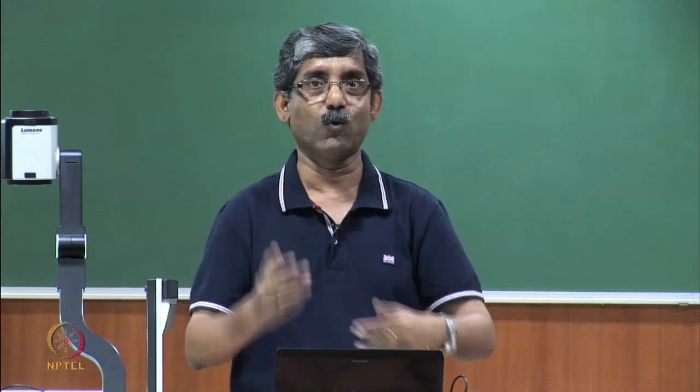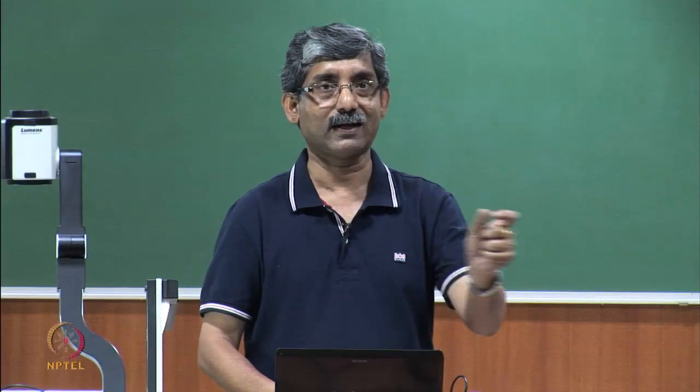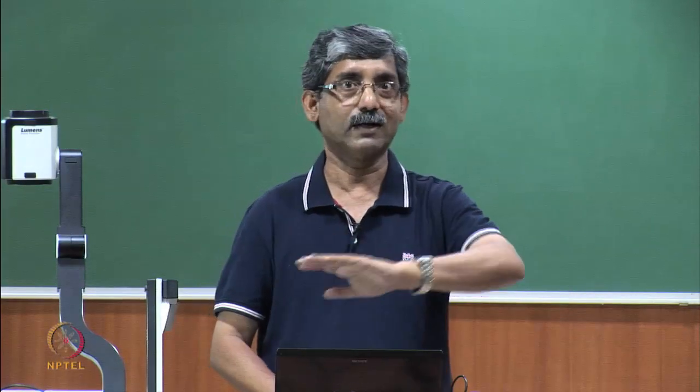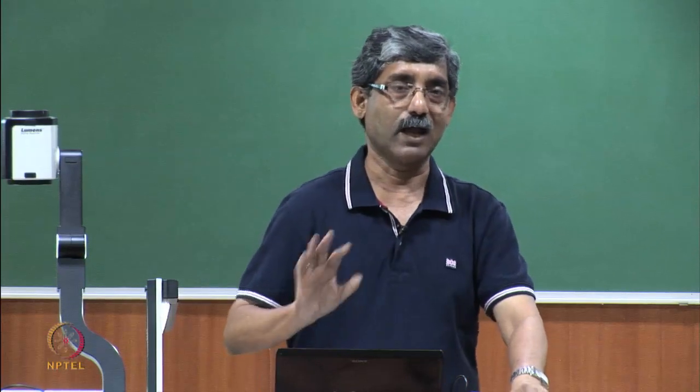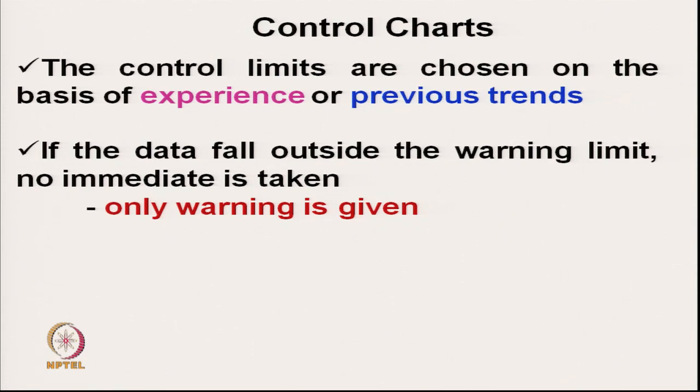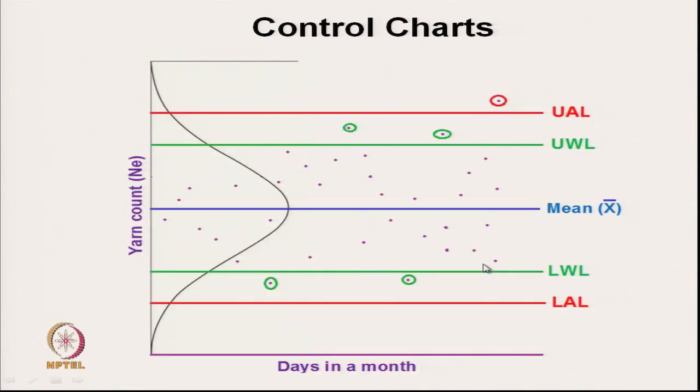Like for yarn count variation, if it is crossing the warning limit, then one can take action in the carding, blow room or draw frame. So, that count variation is minimized, but only a warning is given. But if it is crossing the upper action limit, in that case, we can take action.